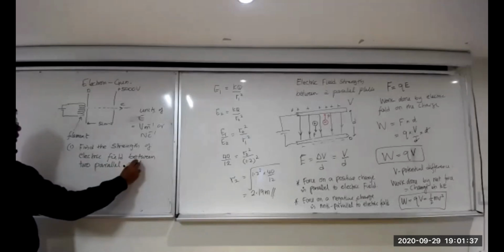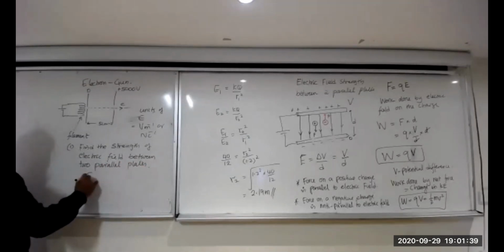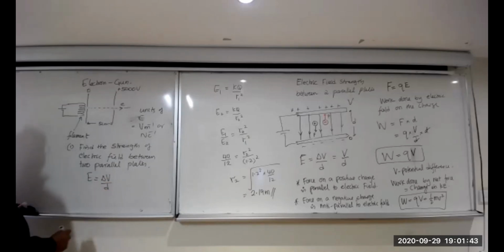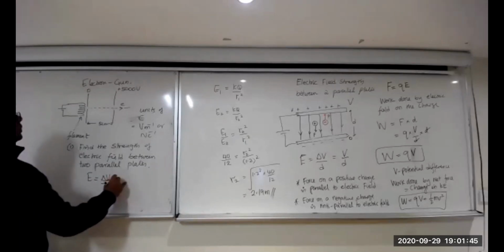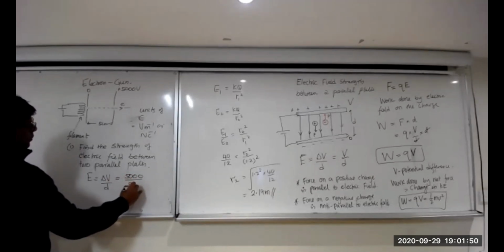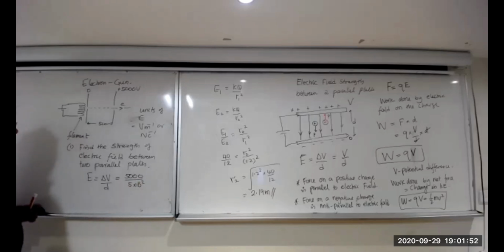If you are asked to find the electric field strength, you simply do delta V on d, or V on d, which is 5,000 divided by, convert centimeters to meters.